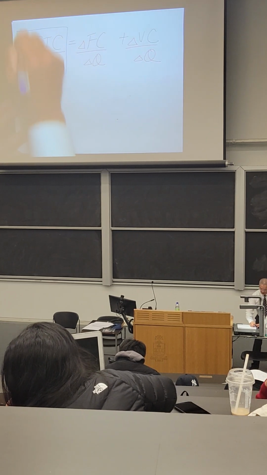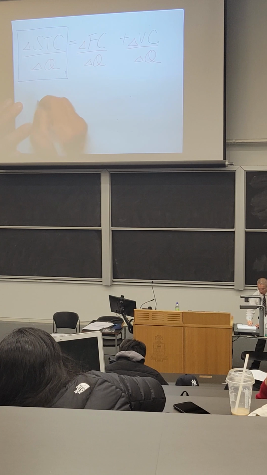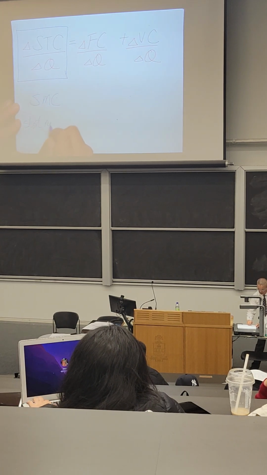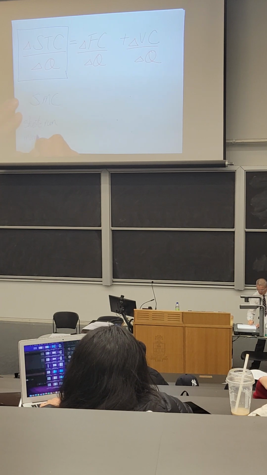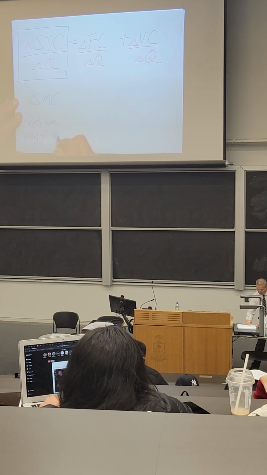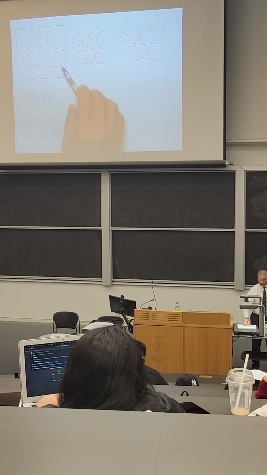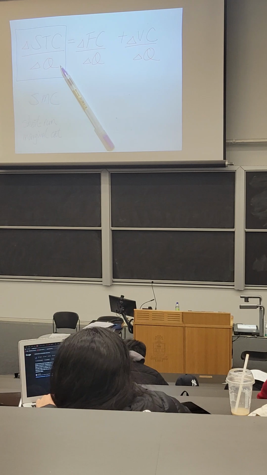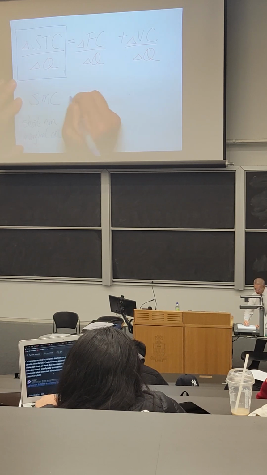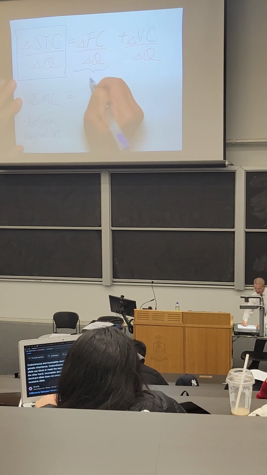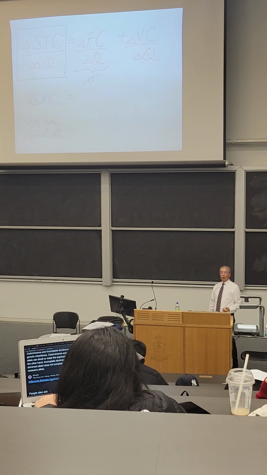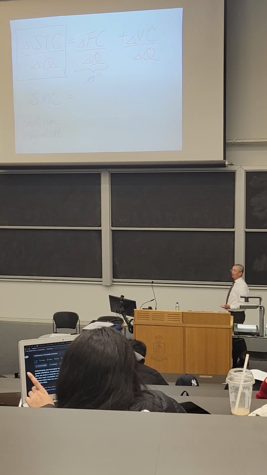This, on the left-hand side, is what we call short-run marginal cost. That is, producing one extra unit of output, how much would it cost you at the margin? The change in fixed cost equals 0. Fixed cost does not change with output. That's why we call that fixed cost.